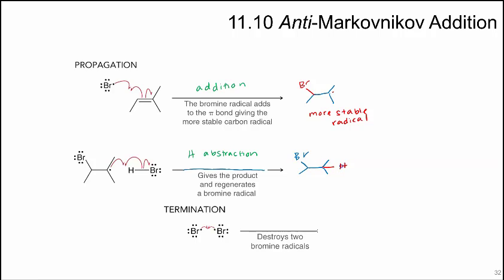So we get a new hydrogen adding here, plus Br radical. Delta H equals negative 25 kilojoules per mole for that one. So in this we get the product and then another bromine radical, which can then get terminated. We form Br2. This is the coupling reaction. So the Br radical will react in order to give the more stable carbon radical, which was why the Br adds to the less substituted side.